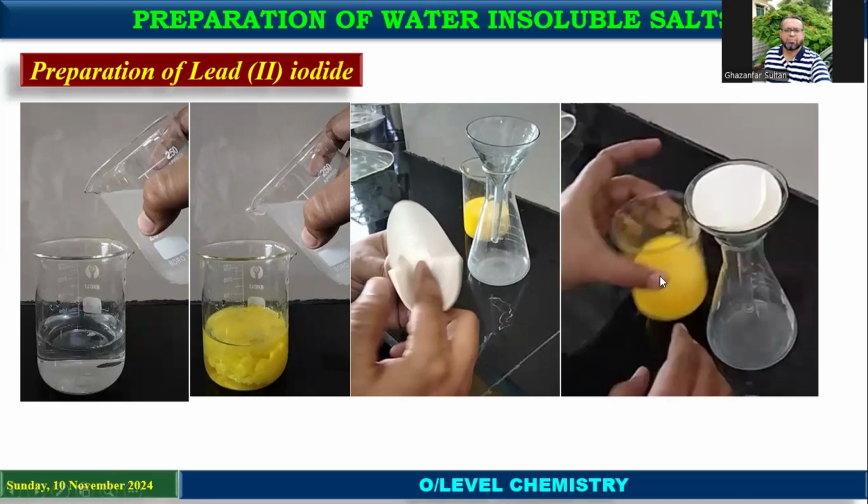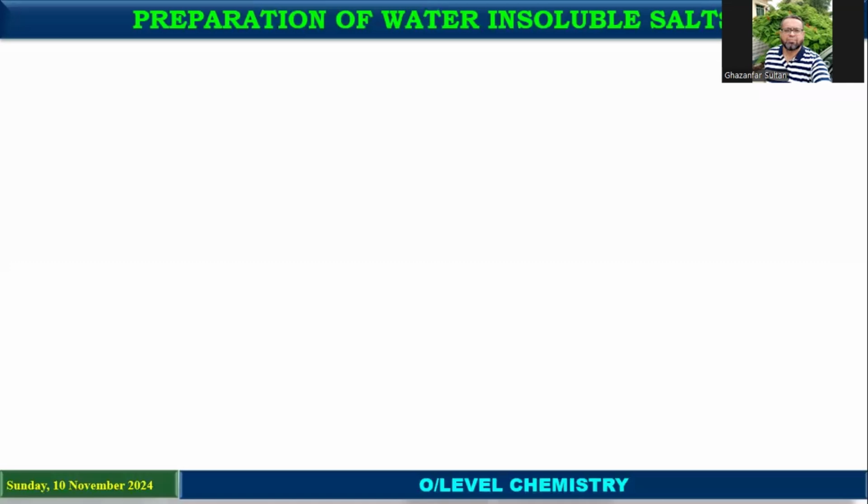And then we pour all this mixture. Why am I calling it a mixture? Because it contains lead iodide, water, and water soluble compounds, for example, potassium ions and nitrate ions. So potassium nitrate is also there.